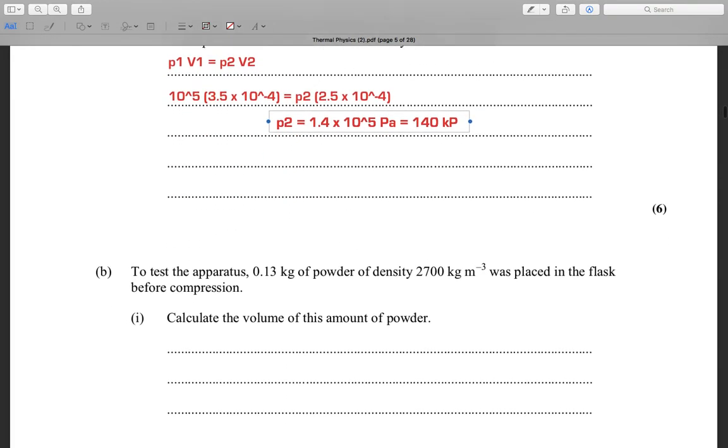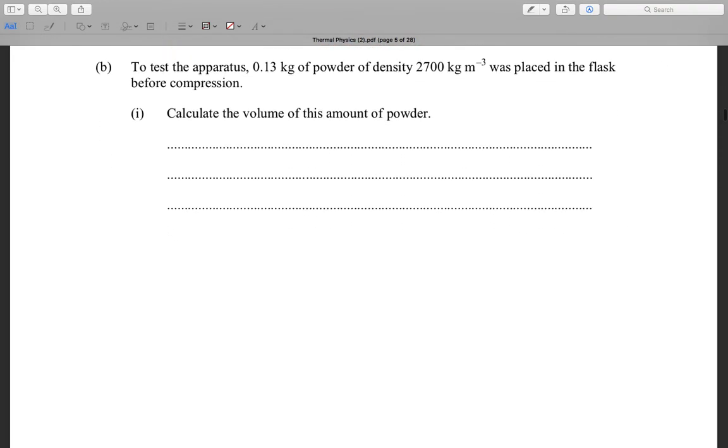Okay, continue to the next question. To test the apparatus, 0.13 kilogram of powder of density 2,700 kilogram per meter cubed was placed in the flask before compression. Calculate the volume of the amount of powder. Oh, I know, this is about density.